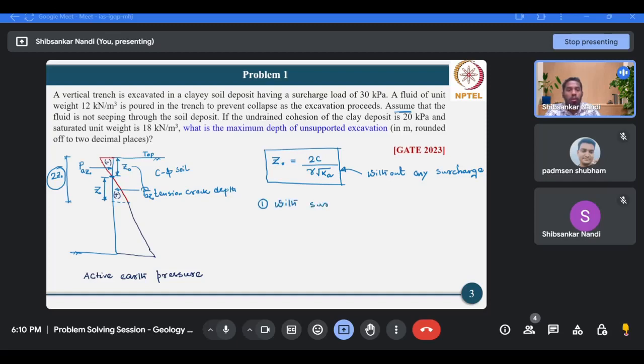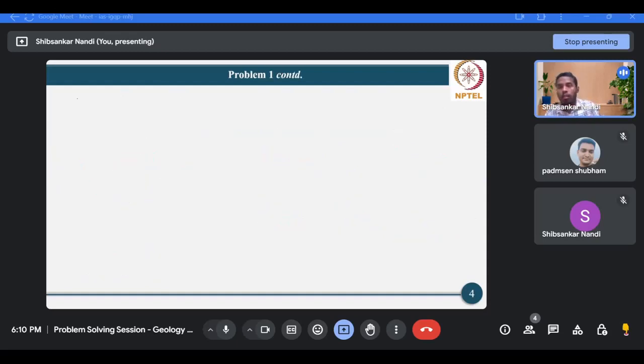For that, we'll see how the tension crack depth is modified. And in the second case, surcharge plus this fluid inside the trench. Okay, so we'll first start with the first scenario.